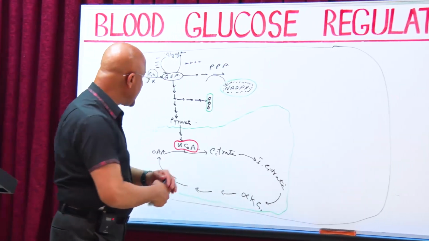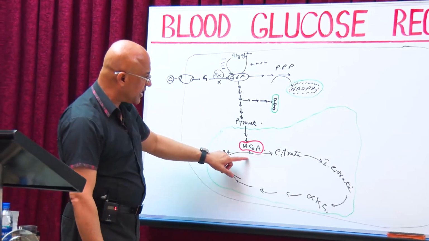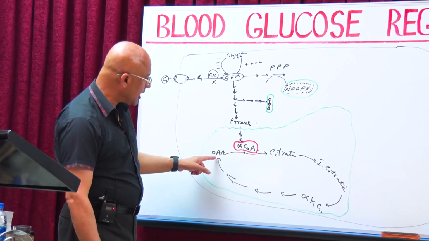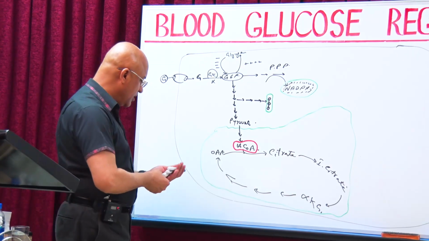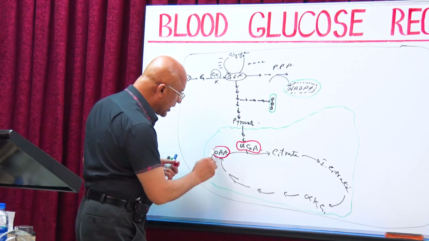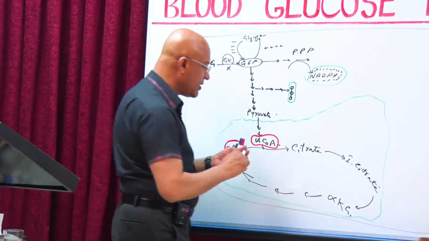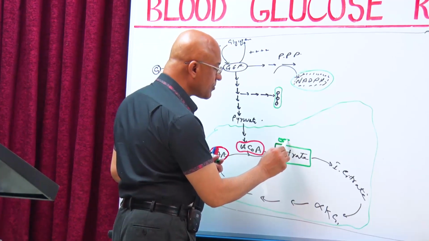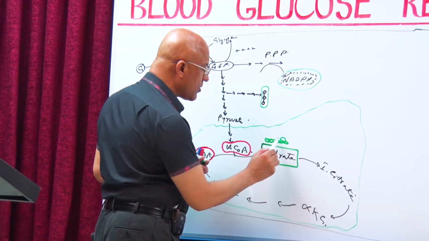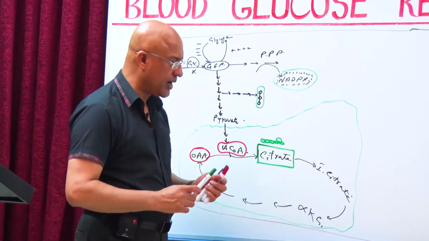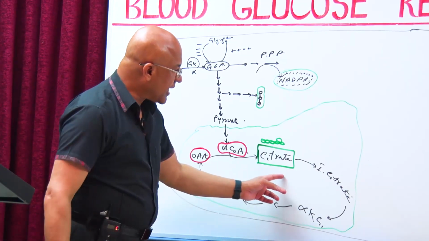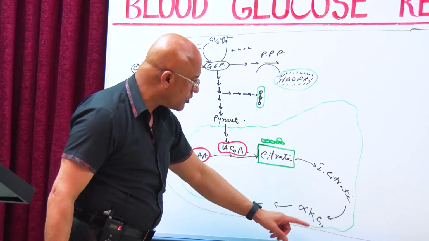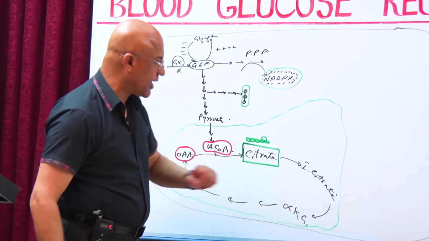Up to now you understand, acetyl-CoA is made, acetyl-CoA with oxaloacetate, both of them fuse together and make what? Citrate. And citrate is a 6-carbon unit. Citrate can be converted into isocitrate and isocitrate into alpha ketoglutarate.